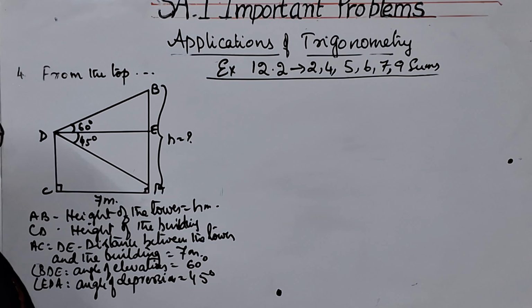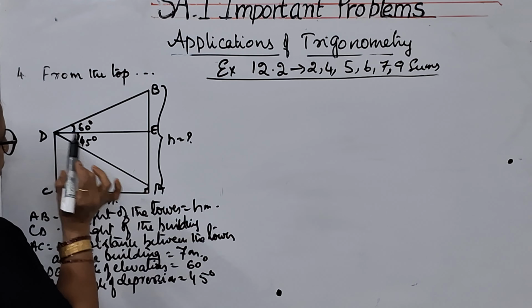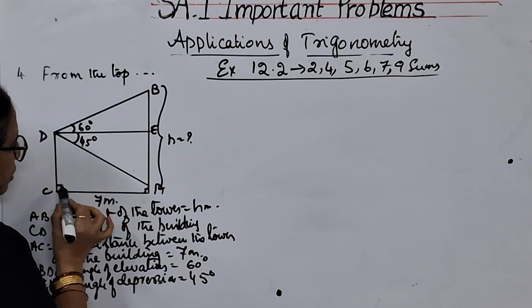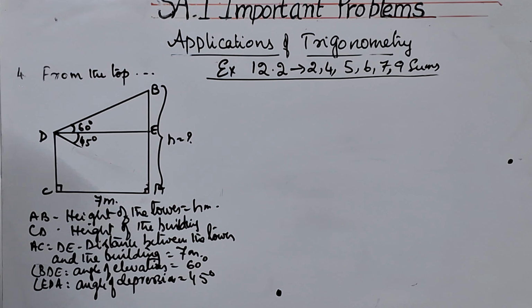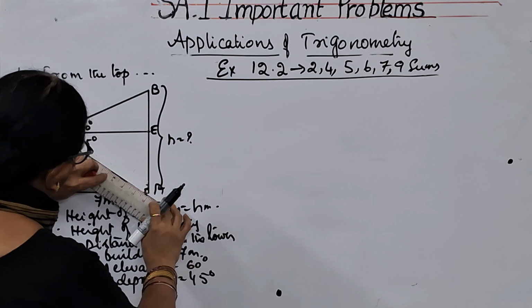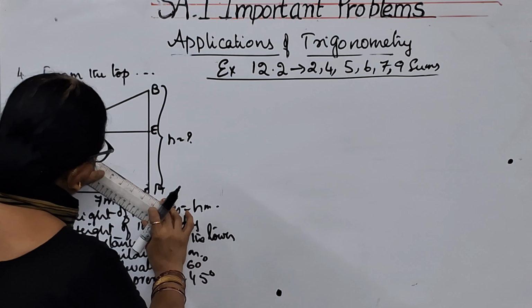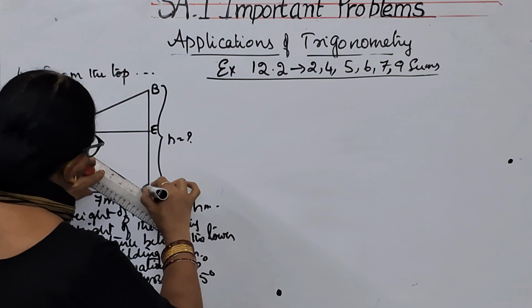Now, let us consider, this is 45 degrees, so I should draw this angle properly, children. It should be like this up to this point.